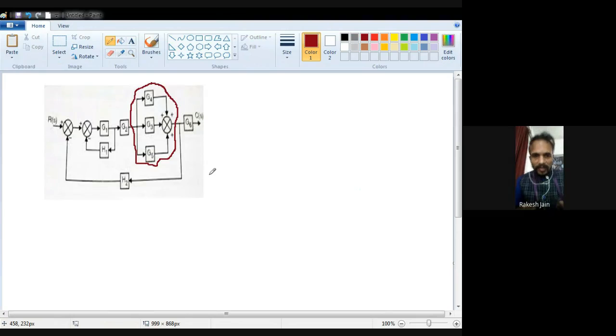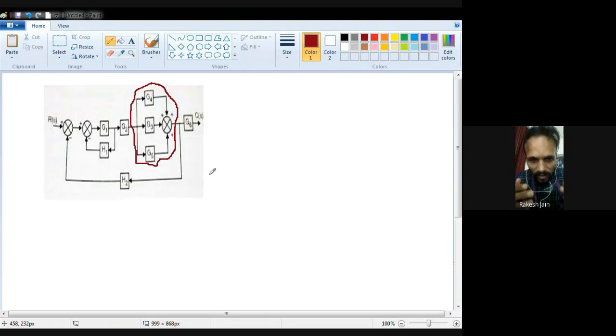What is the definition of a parallel thing? If the input side comes with the same point, maybe pick off point, and the output will reach at the same point, like a summing junction with the positive sign here, it means they are in parallel.